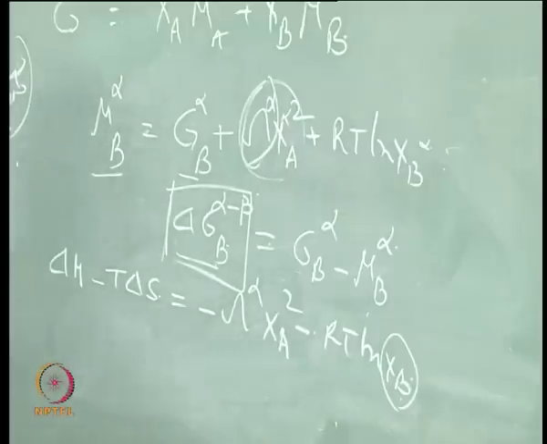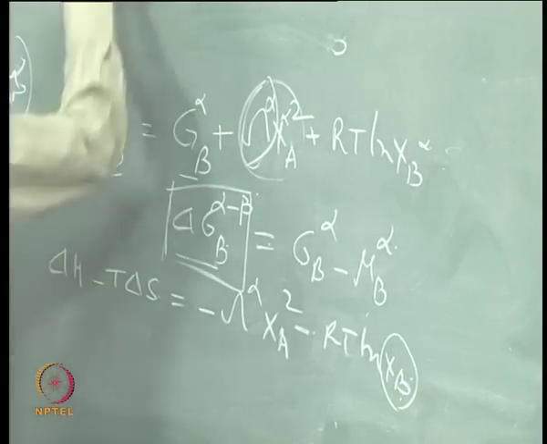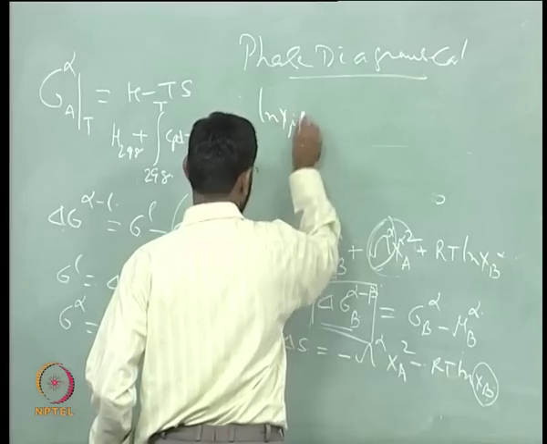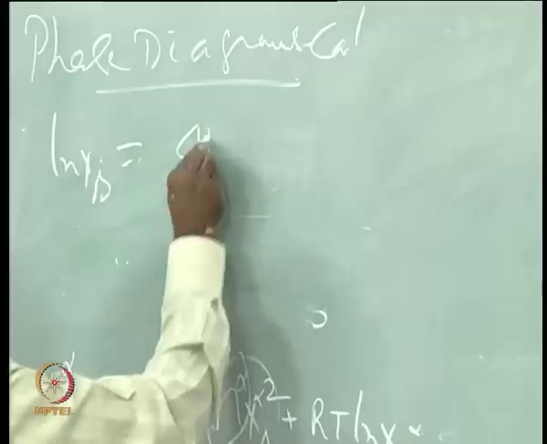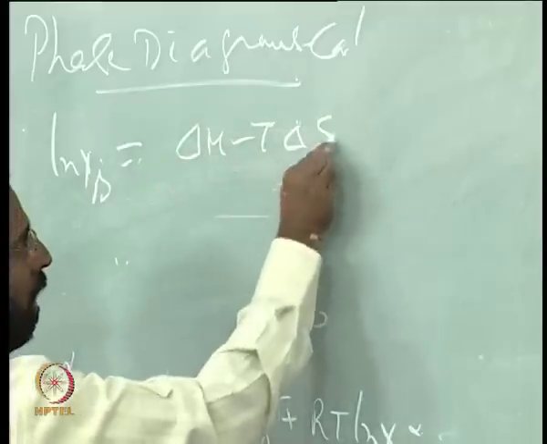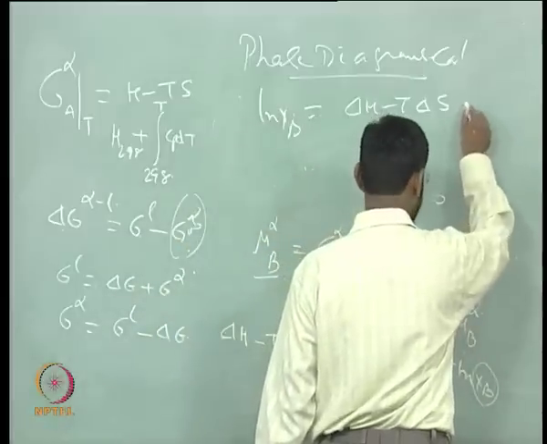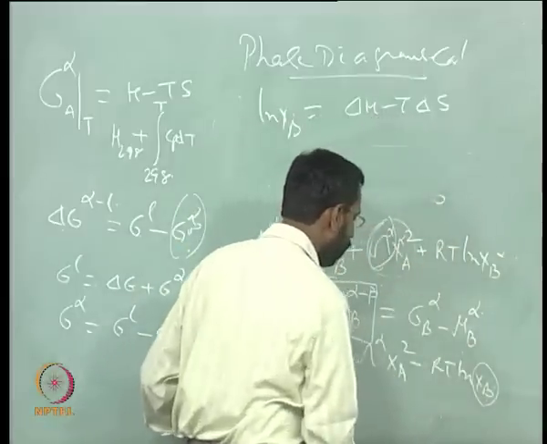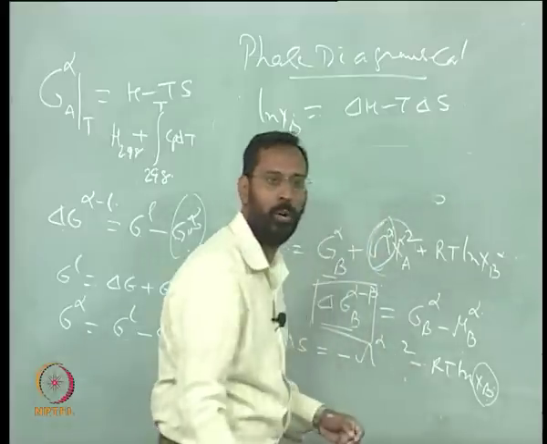You can easily write, for example, ln xb is nothing but delta H minus T into delta S. Okay, so you have to basically write this in terms of 1 minus xb whole square.